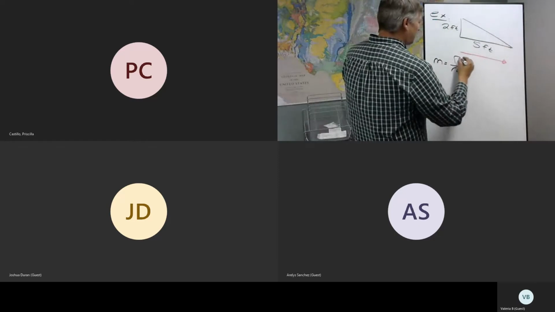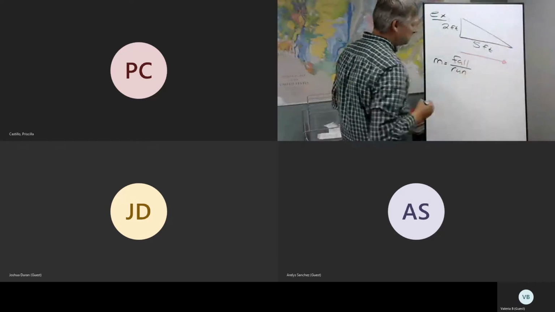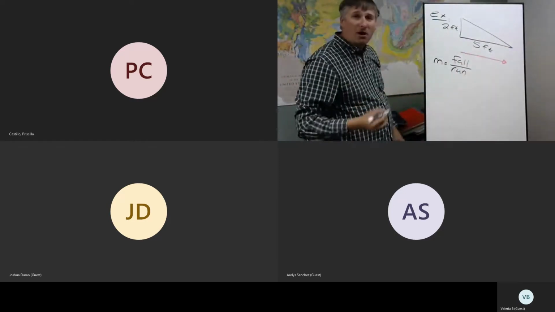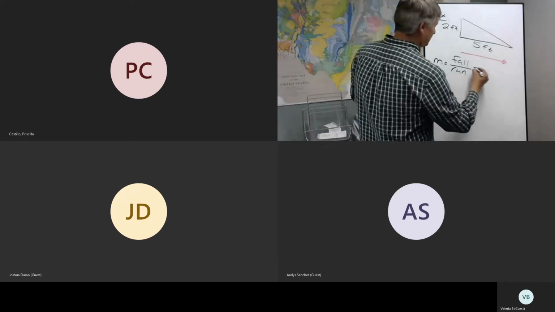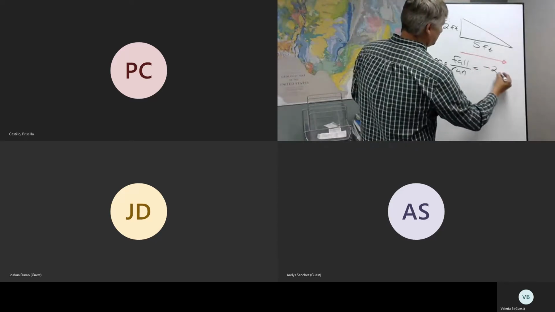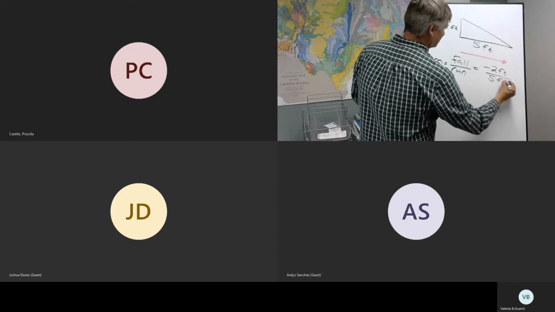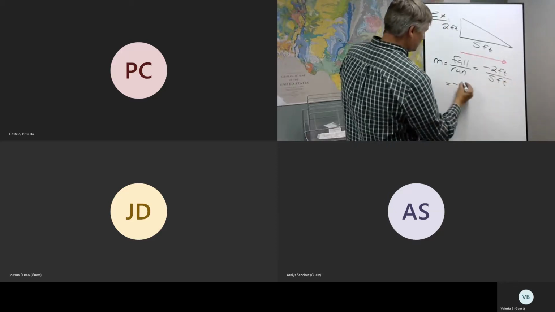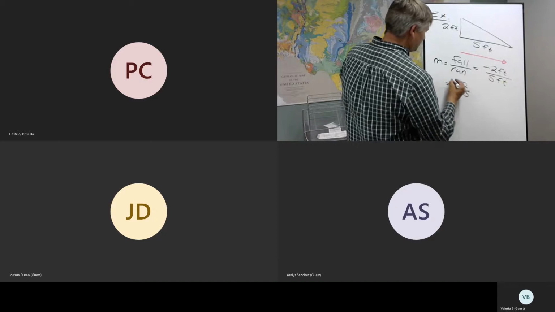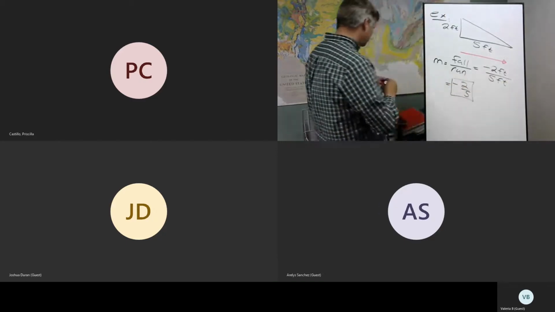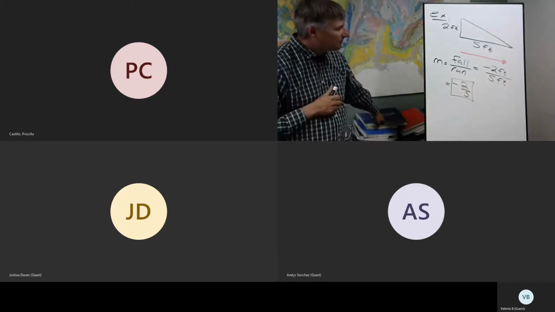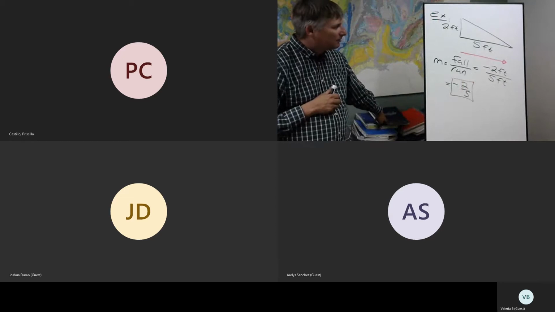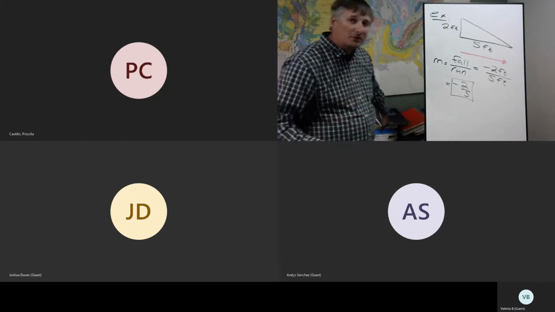So we have a fall instead of a run. And a fall is going to be negative. So this will be negative 2 feet over 5 feet. Or negative 2/5. Questions about that?